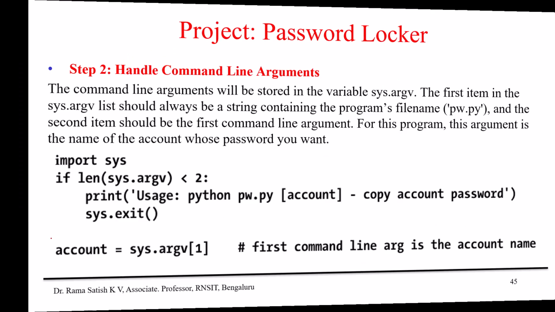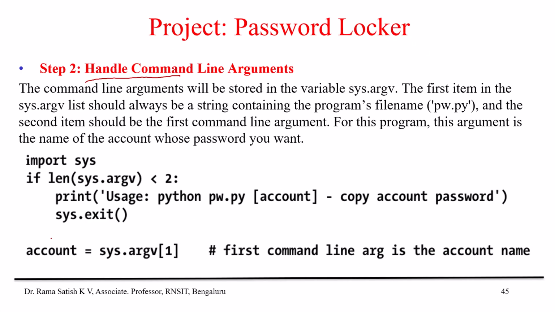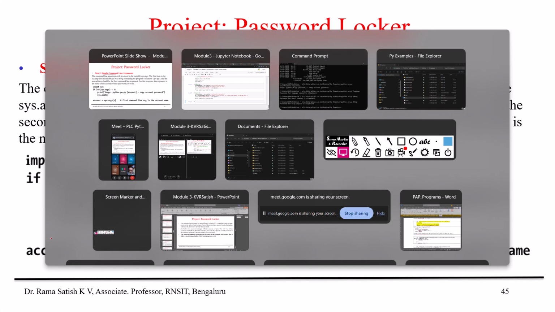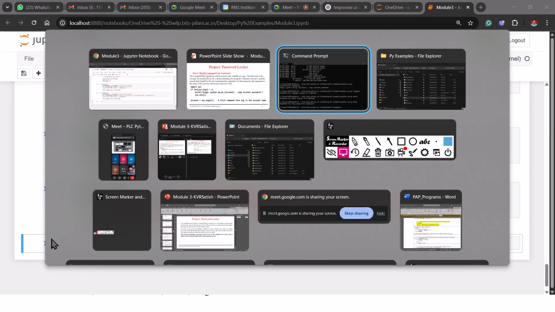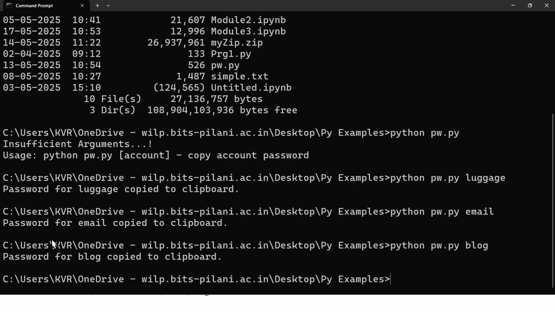The second thing is you are checking the number of command line arguments. Along with your command, you are supplying some argument. This is called a command line argument.